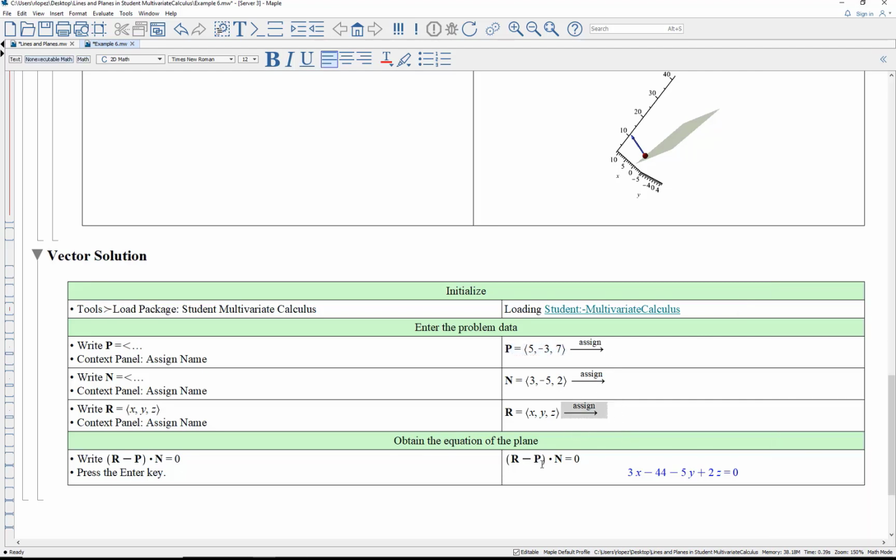Then the vector equation of the plane is position vector r minus the fixed point. This vector has to lie in the plane, and to make it lie in the plane, you make it orthogonal to the normal. That's where the equal 0 comes in, and you get the equation of the plane.